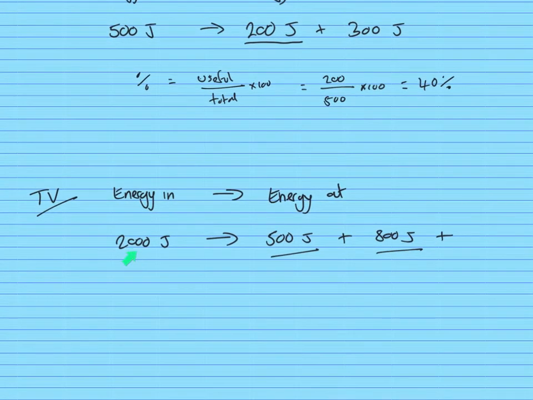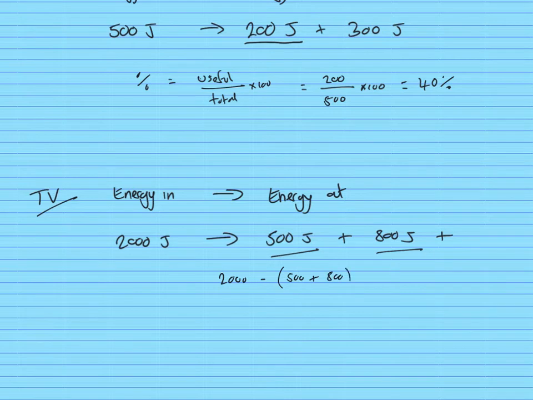Now, how do I find out how much wasted energy there is? Well, if I've got 2000 going in, and I've got 500 being used on something, and 800 being used on something else, 800 plus 500 is 1300. How much is being lost as heat? I would say 2000 minus my 500 plus 800.